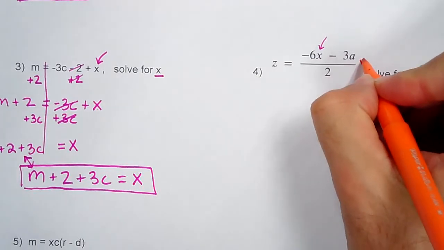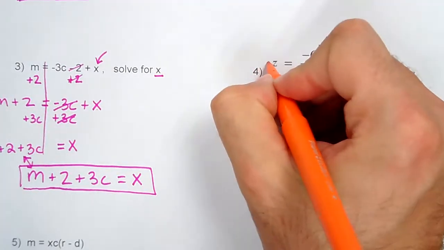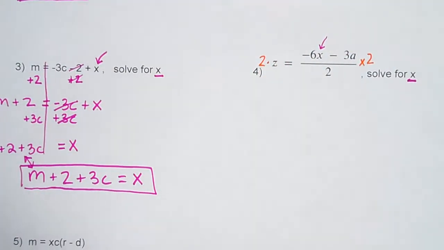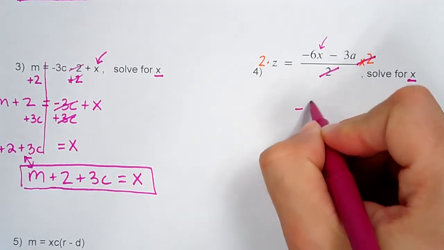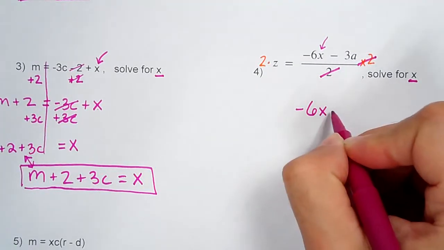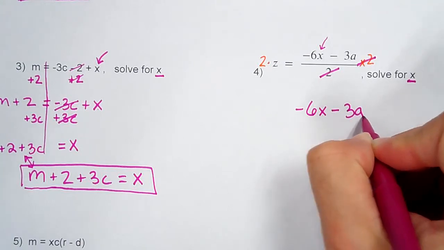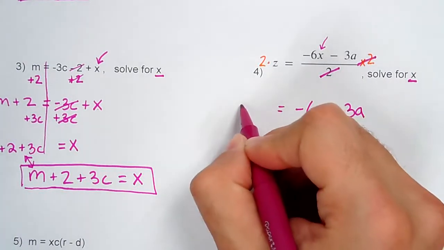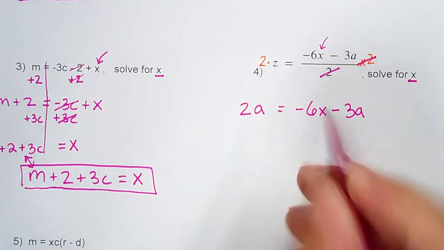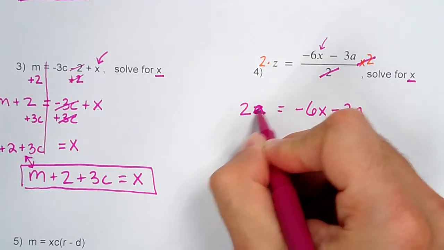So we're going to times both sides by 2. This cancels out, leaving me with negative 6x minus 3a, so what I had in the numerator, is equal to 2 times, oh, not a, z, 2z.